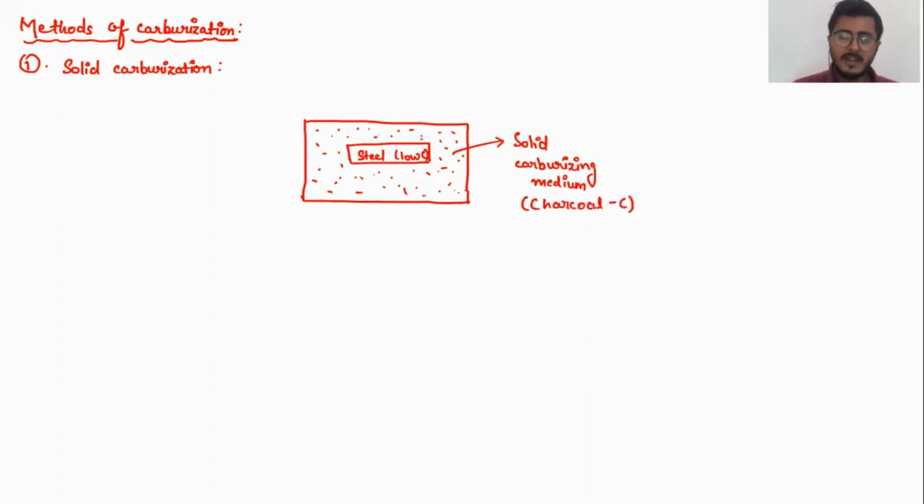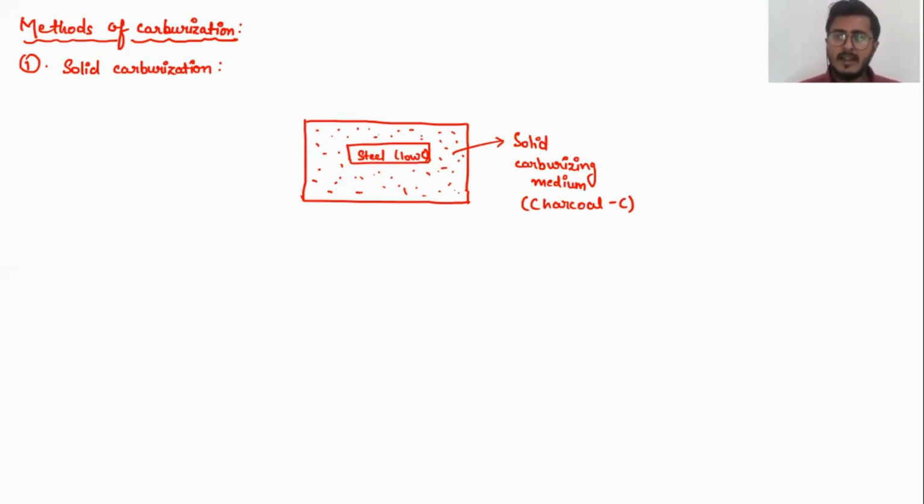The source of carbon. Okay. So what is charcoal, by the way? It is nothing but when all the volatile materials are removed from your wood, the resultant product is basically known as the charcoal. Okay. So the low carbon steel is basically kept inside your charcoal medium.